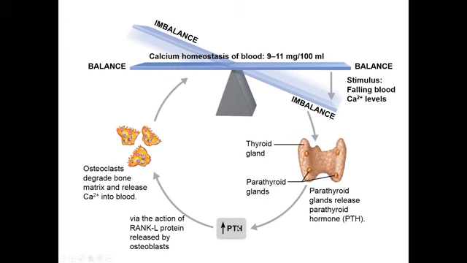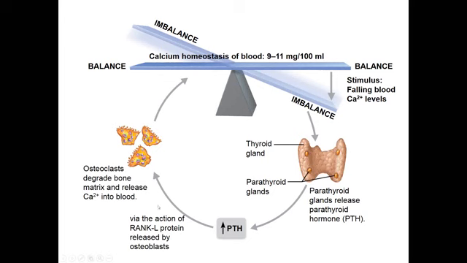PTH doesn't act directly on the osteoclasts, because the osteoclasts, their job is to actually degrade the bone matrix and therefore release the calcium into the blood. It does it via a detour. So it stimulates the osteoblasts first by releasing another protein which is similar to a hormone, which is the RANKL.